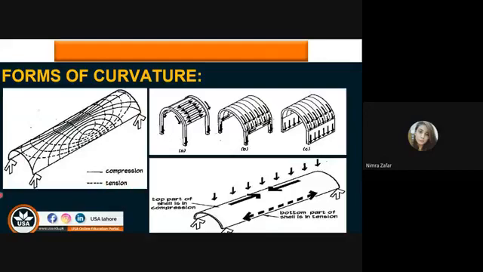This is a long barrel which is acting as a beam. So it is in compression this way, and it is in tension in these particular parts. As in a beam, the top part is in compression and the bottom one is in tension. The same happens in long barrels. The top part of the shell is in compression, compressive force is dominant there, and the bottom part is strong in tension. The forces are pulling apart.